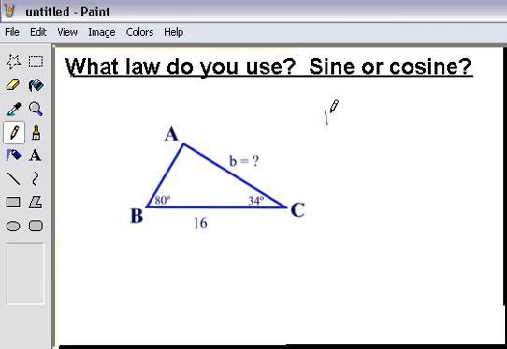So basically we just have to take 100 and subtract 34. And again, that's a little hard to write with the mouse. Okay, so 100 minus 34 is 66. So 66 degrees goes in here. Now when we have 66 degrees, we have two side angle pairs, and we can use the sine law.